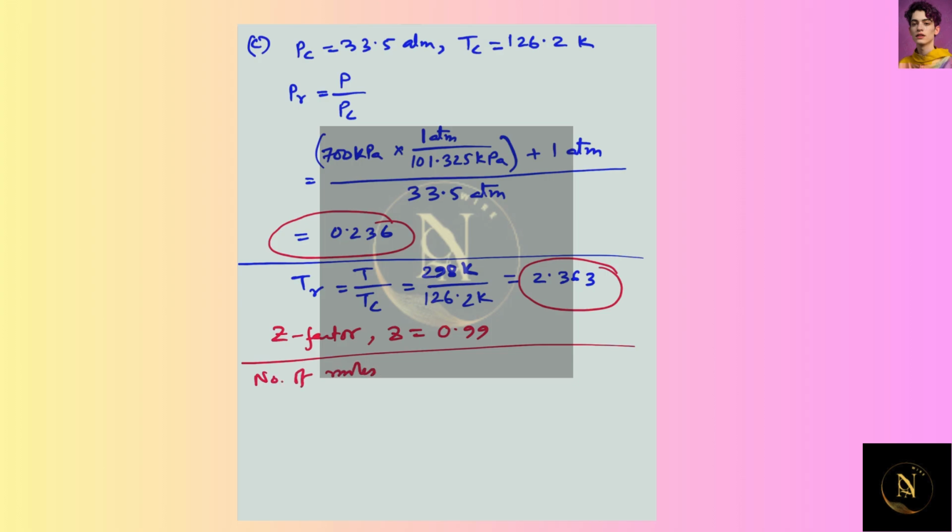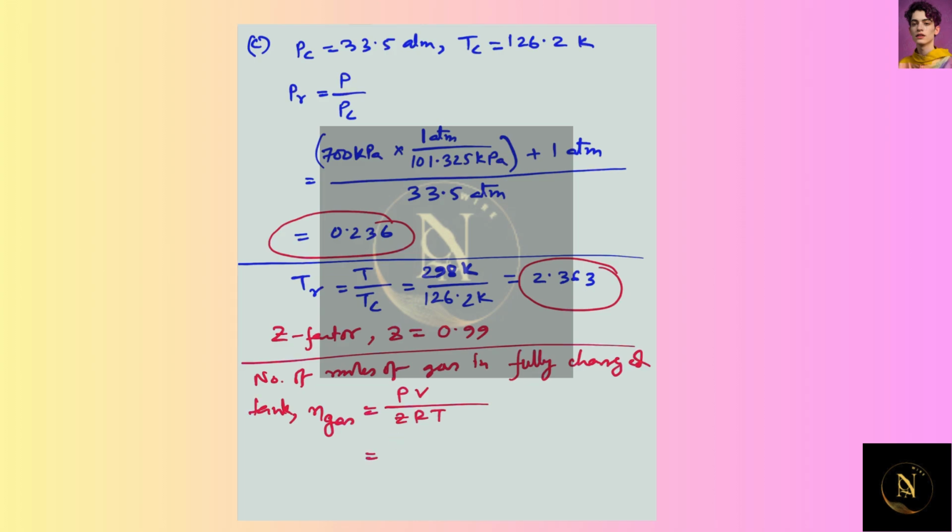The number of moles of gas in fully charged tank is then PV divided by ZRT.